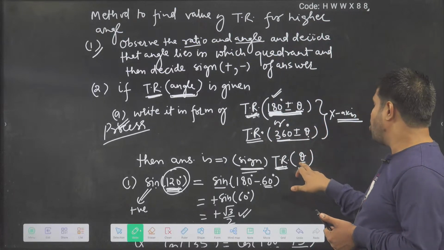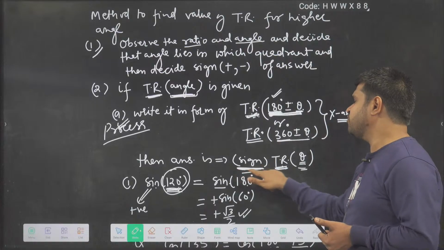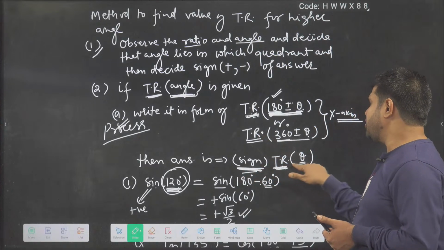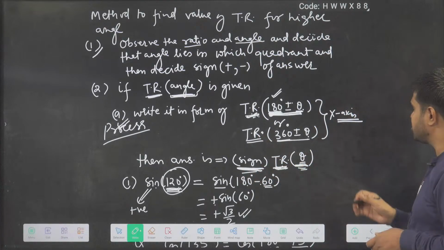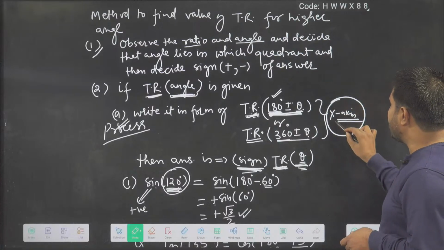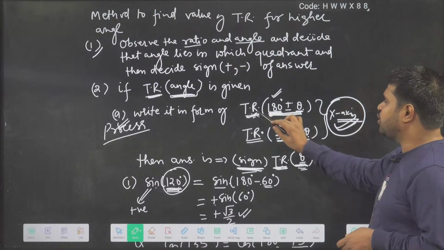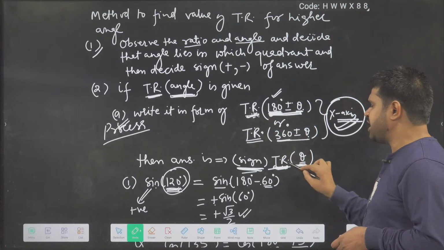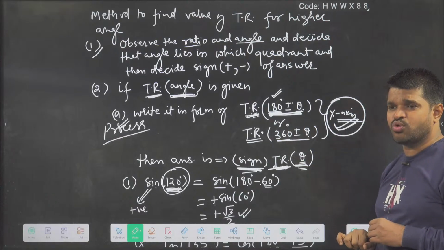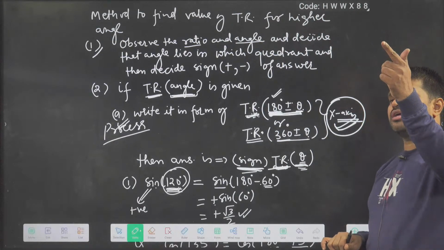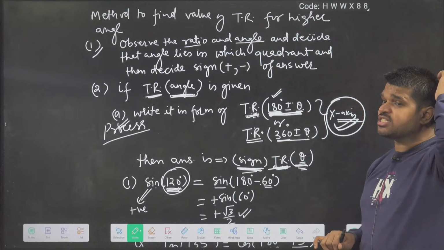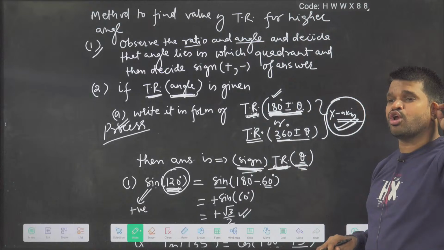Okay, now this is your answer. Sign of the answer, same trigonometric ratio and angle. It means when you write angle using x-axis, trigonometric ratio remains same. Later on in last or second last lecture, I will tell you proof or logic also.